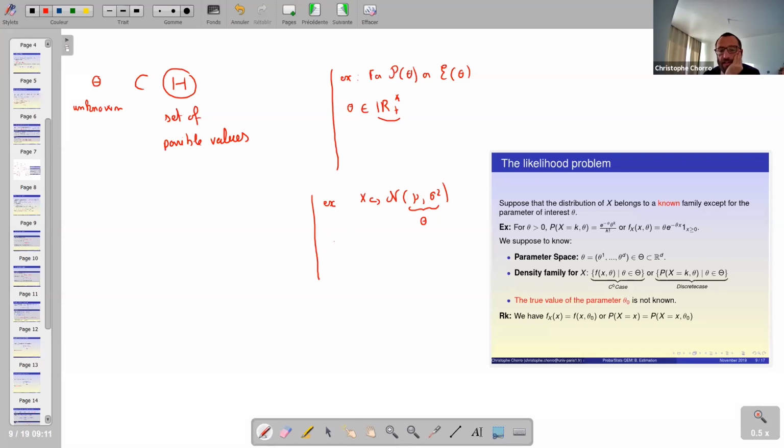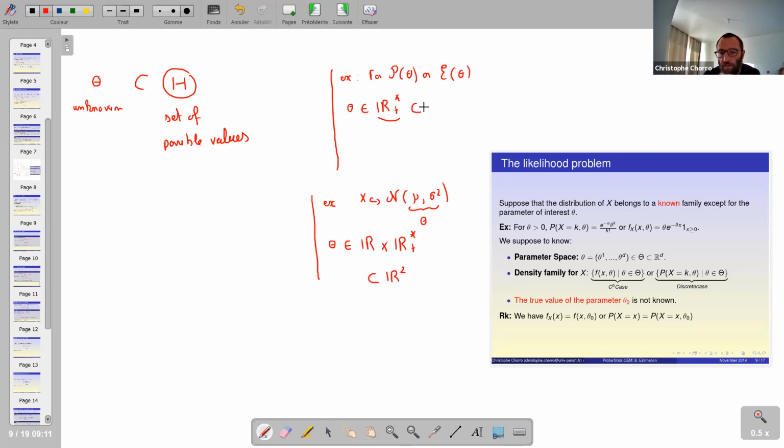And the parameter theta I don't know belongs to what? The mean may be in R, and the variance I will take in R plus star. So my set of parameters in this situation is a product of two sets, a subset included in R square.